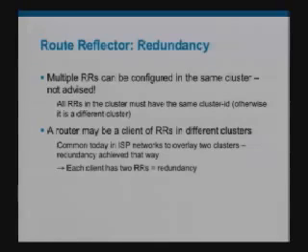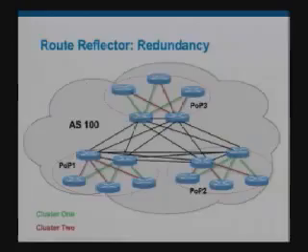It's much easier to have different clusters, overlap them, clients peer with two different route reflectors. So it would look something like this. So a point of presence here, we've got cluster 1, so this is route reflector cluster 1, the green lines, route reflector cluster 2, the red lines. Okay? It's much easier doing it like this.